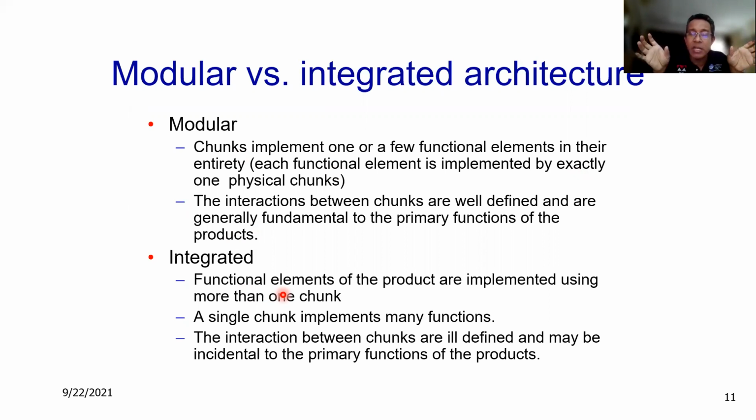For the shift, only the gear shifting, they only do that function. For the brake, the function is only for braking. So there is a well-defined function for each chunk, and the interactions between chunks are well defined, so they can interact, and the functions are specific.